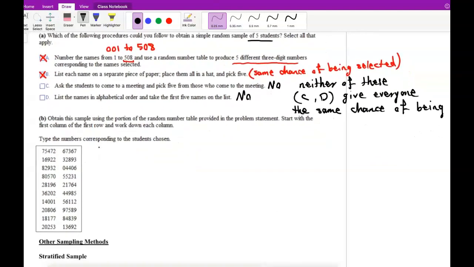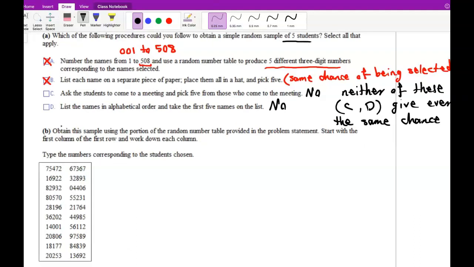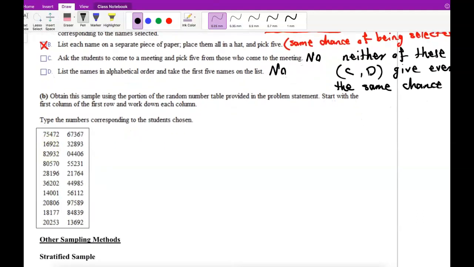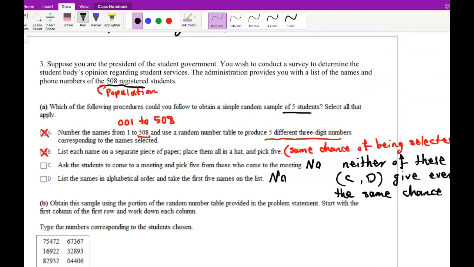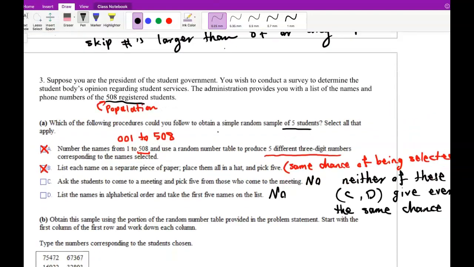Okay, part B. Obtain the sample using the portion of random number table. So here again we have this table, same as what we had on the previous page, example number 2.